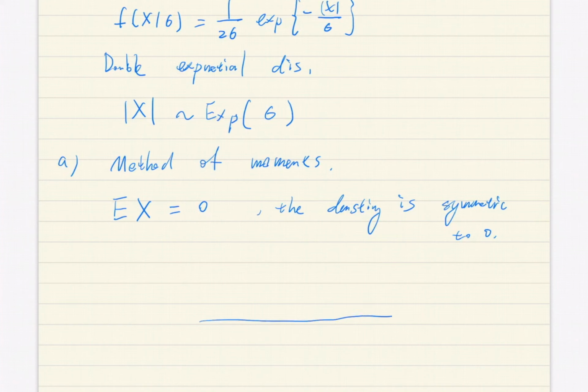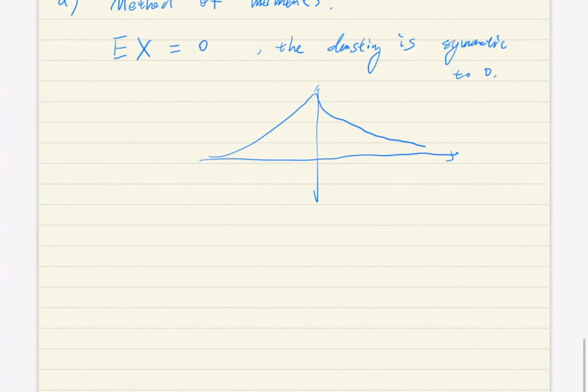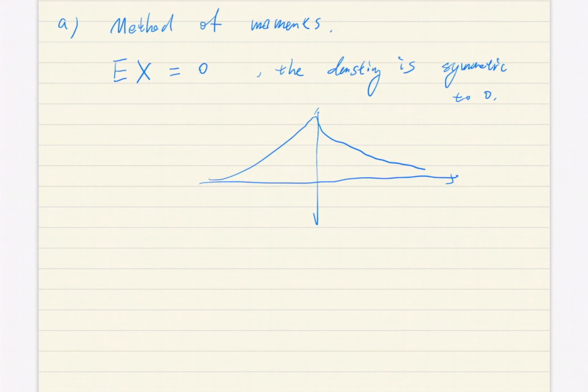So let's look at this. Any symmetric density has a first moment of 0. The first moment of a symmetric density is 0. Okay. So now we have to use the second moment.